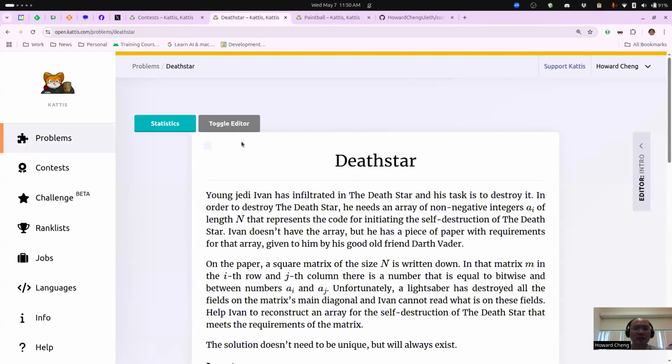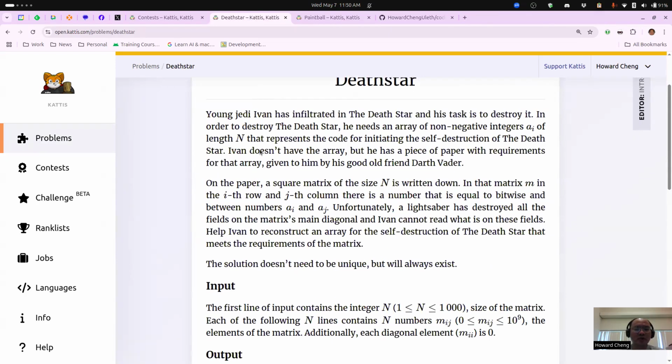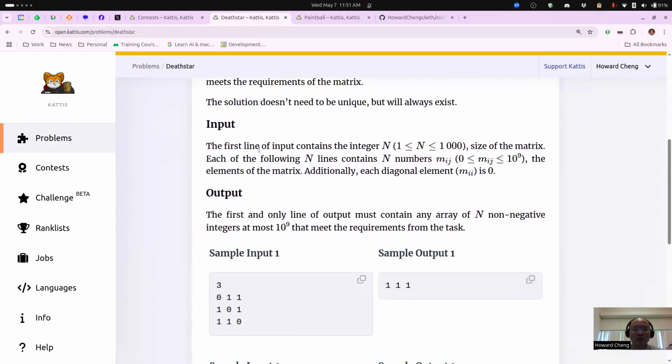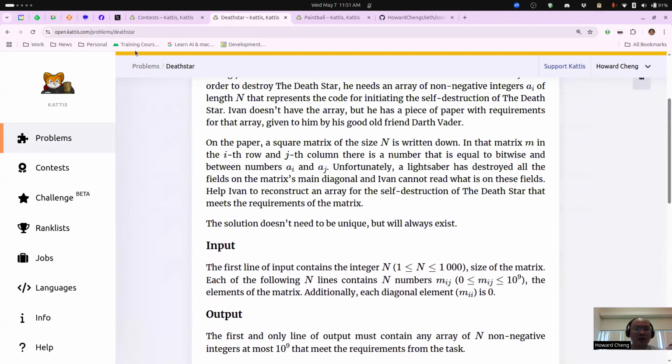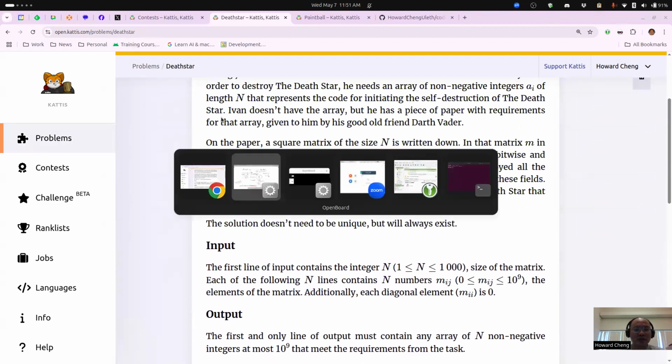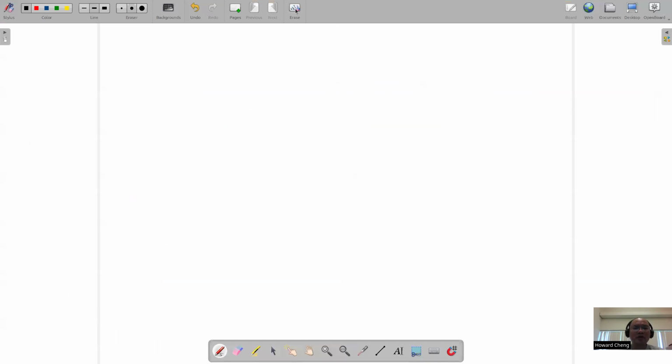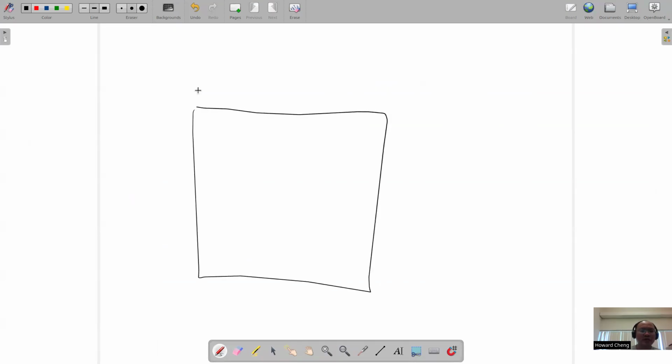Okay, so now there's this Deathstar problem. I'm not really sure what this problem has to do with Deathstar. Again, I'll just go straight to the discussion, assuming that you've read the problem. So you have a square matrix, and you're told that you started with A1, A2, A3, up to AN, which are some numbers.